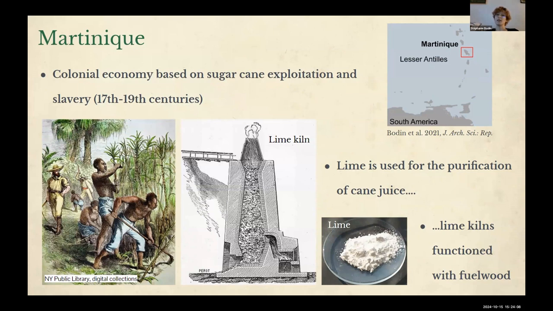You need a lime kiln because you need lime to purify the cane juice. And to make a lime kiln work, as you can see here, you need fuel. The lime kiln workers were using wood as fuel.